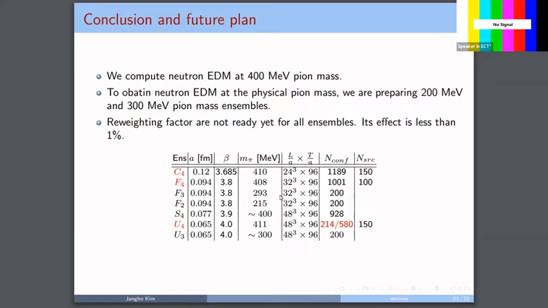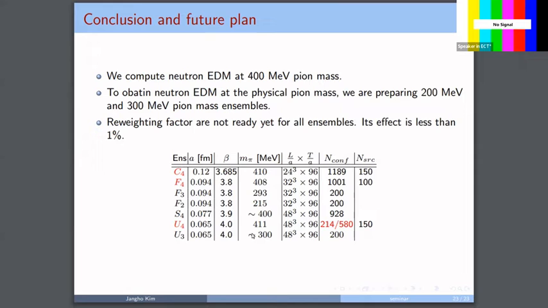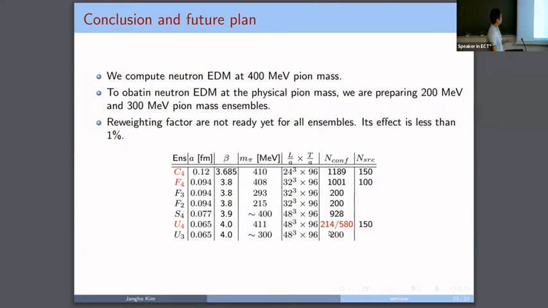Still, we are generating the gauge configurations. So for the physical pion mass, we need the F2 and F3 and U3 ensembles. And also we have to increase the statistics for the U4, and also we need to apply the reweighting factor for all ensembles.